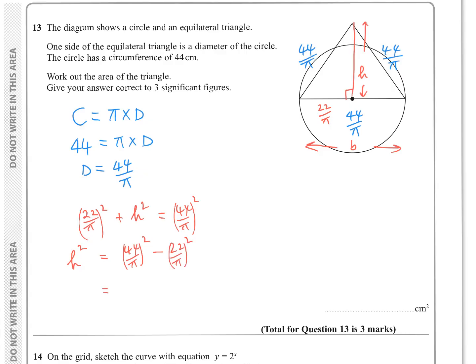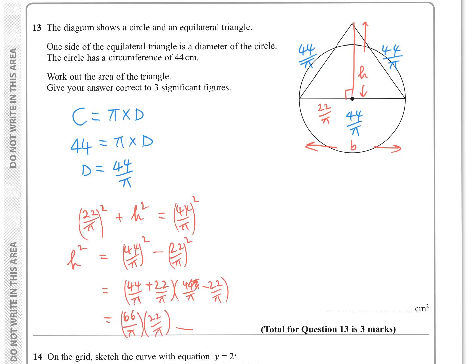That's a difference of 2 squares, so it's going to be 44 over pi plus 22 over pi, times 44 over pi minus 22 over pi, and that's going to give 66 over pi times 22 over pi, and that's h squared.